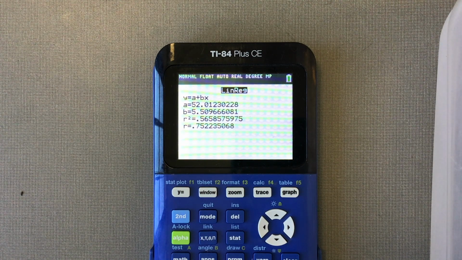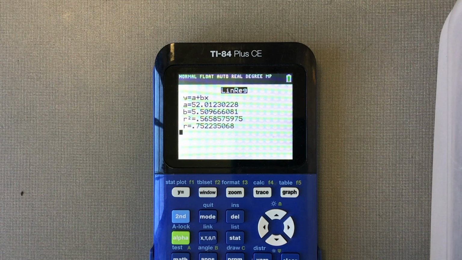And then R equals, and there you have it, 0.7522. I like to go to 4 decimal places with R and R squared. I do that too with probabilities and stuff like that. So it's okay to round, and I go with 4 decimal places. So there you go. That's how you find R.